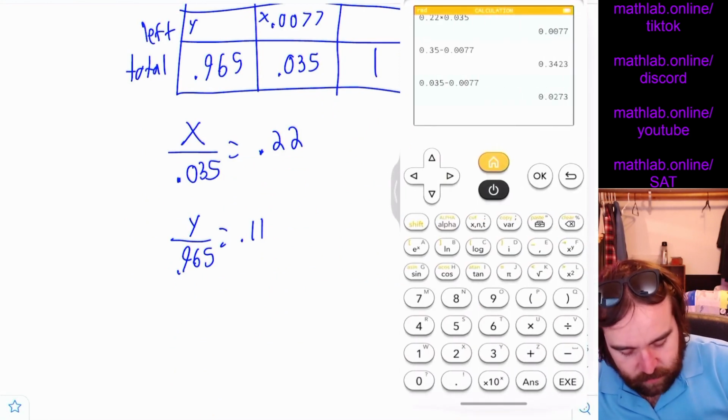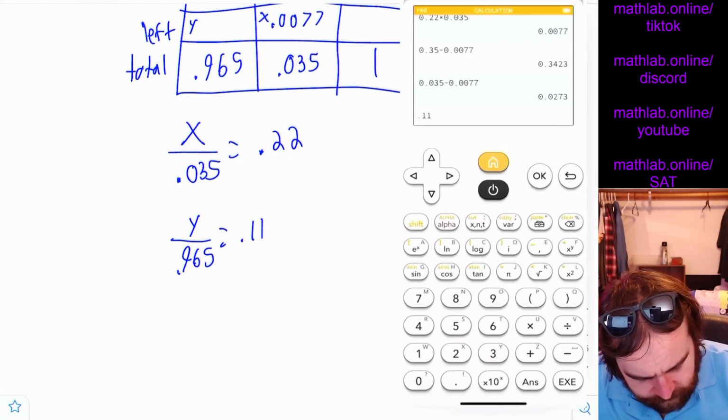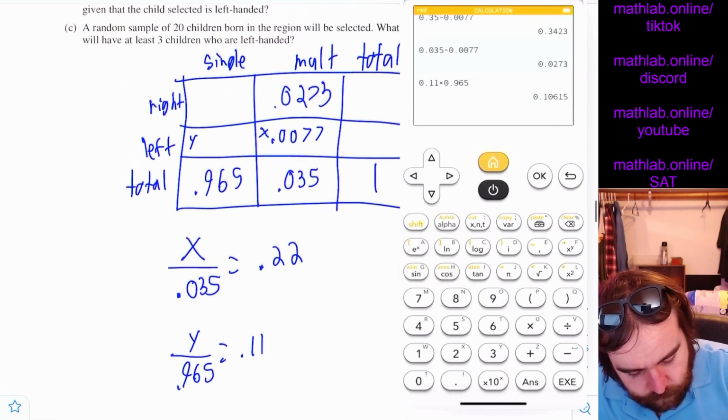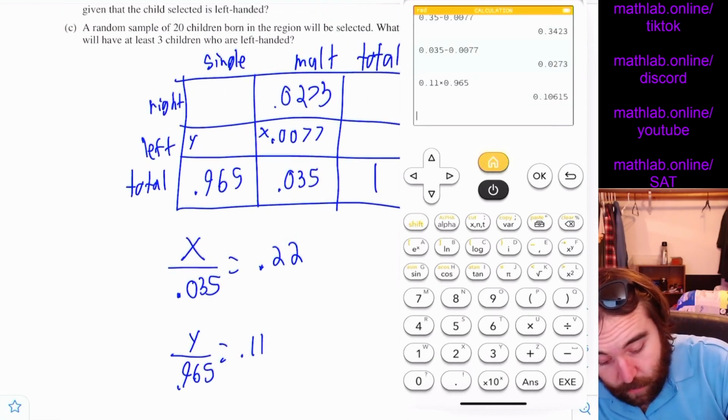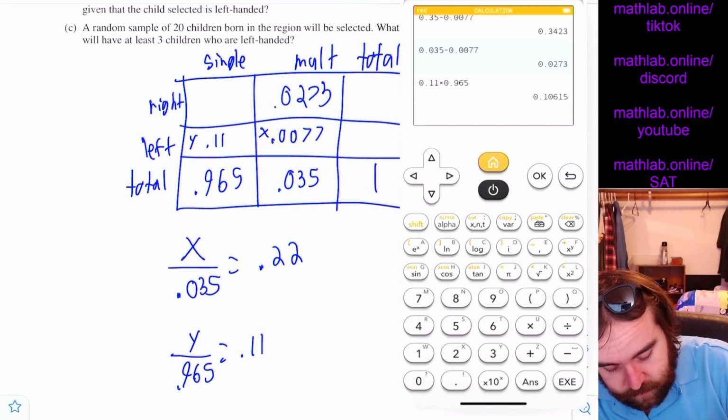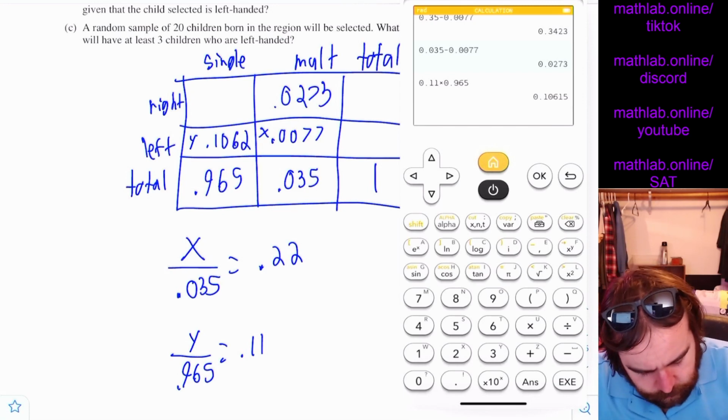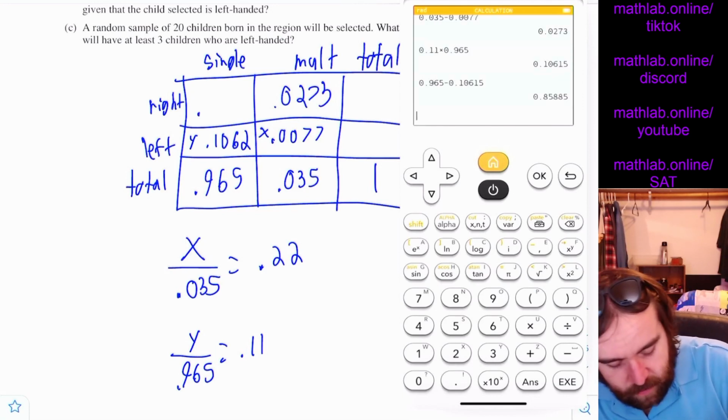So that means Y is just 0.11 times 0.965, which is 0.1062. Then we'll do 0.965 minus that answer to get the top box.